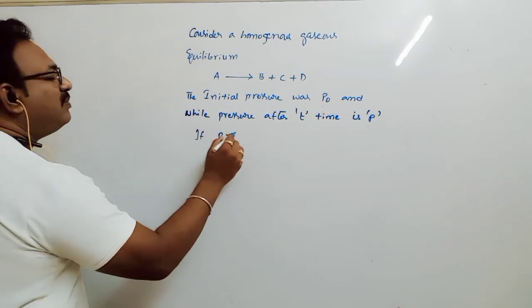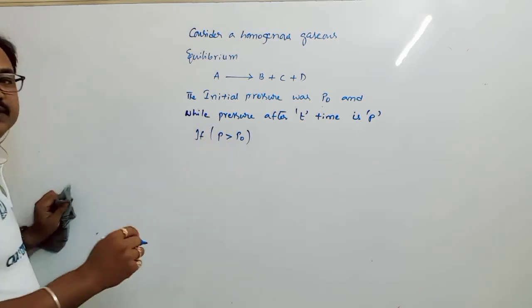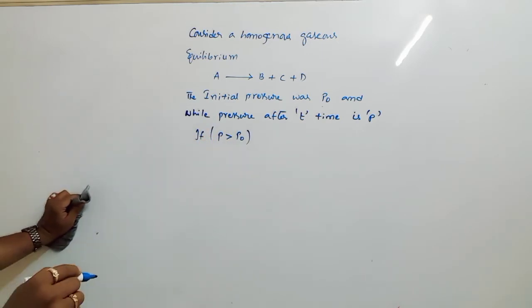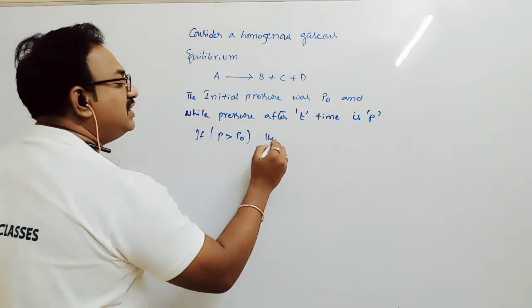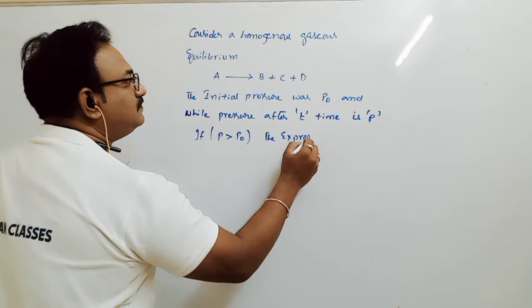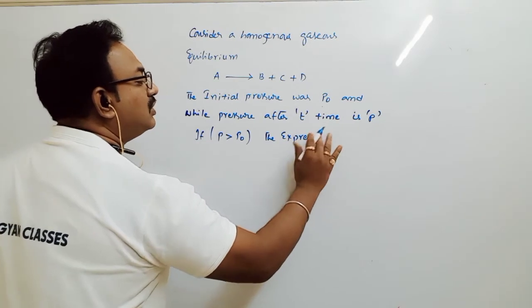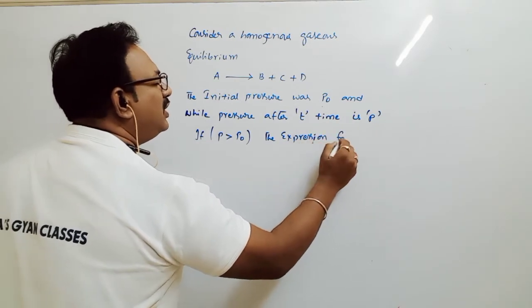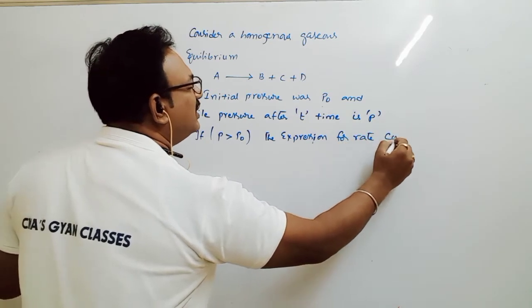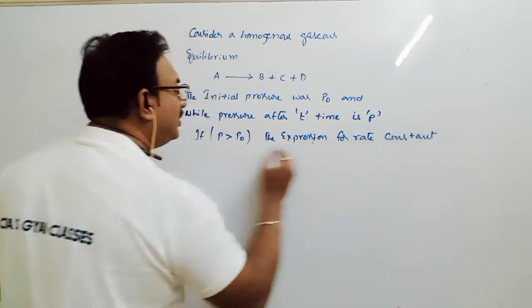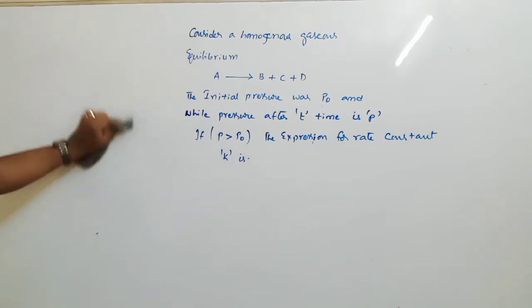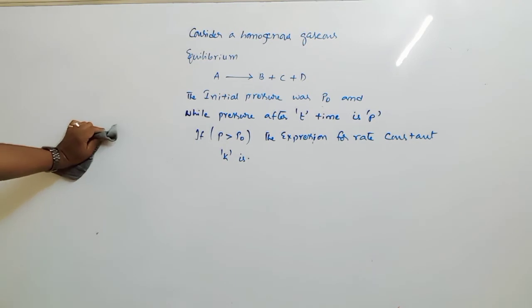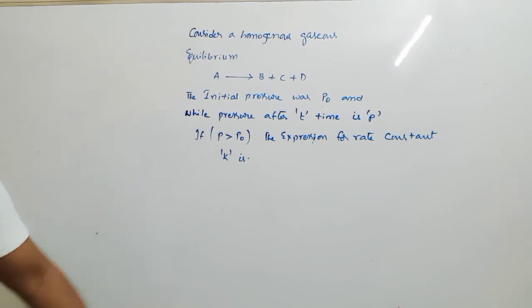If P is greater than P naught, the expression for rate constant K is... Okay, so this is the question.